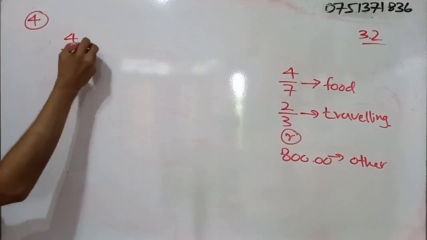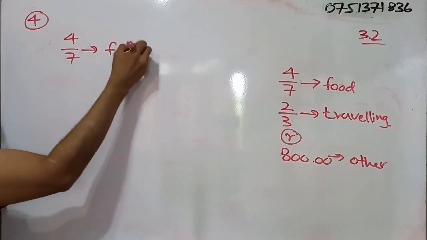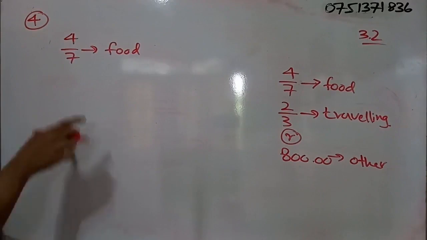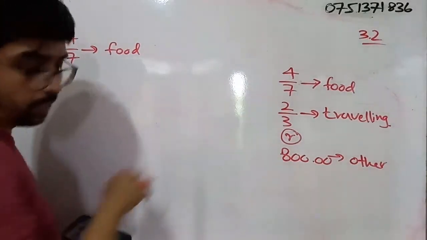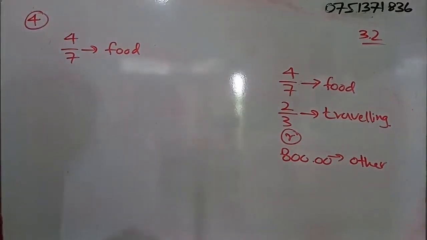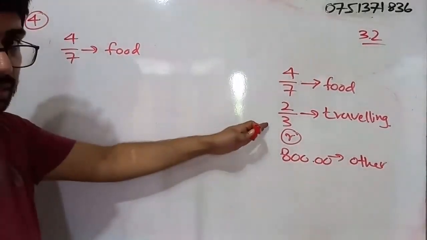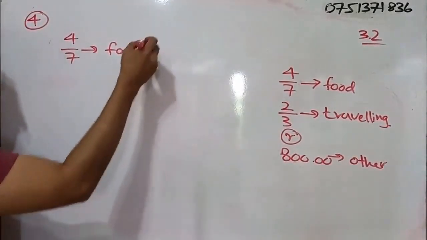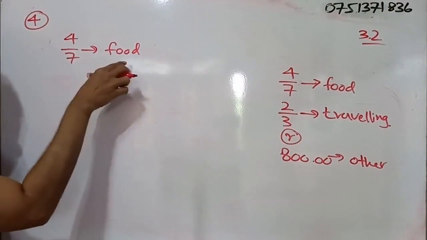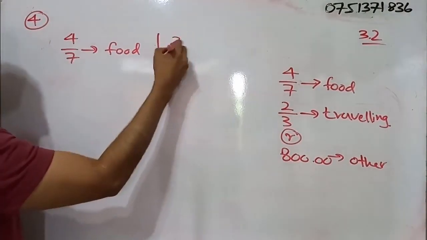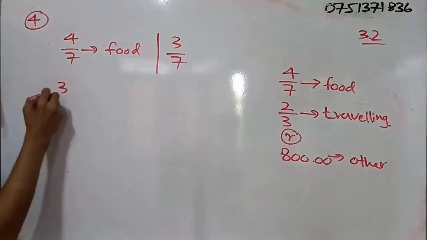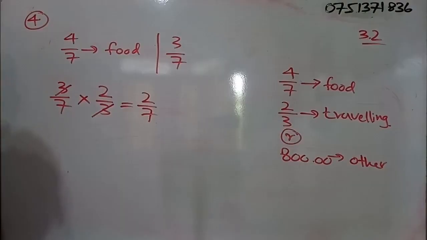4 by 7, that amount, that is for food, no? So we will calculate as a fraction, what is the amount that was spent for traveling as a fraction. So the remaining amount is what? If 4 7ths were spent on food, 3 7ths, no? So from this amount, 2/3 were for traveling.